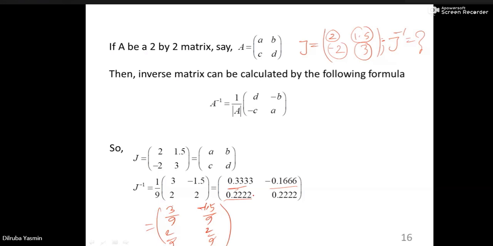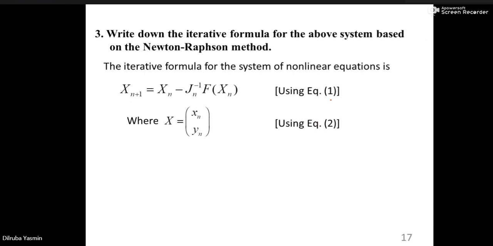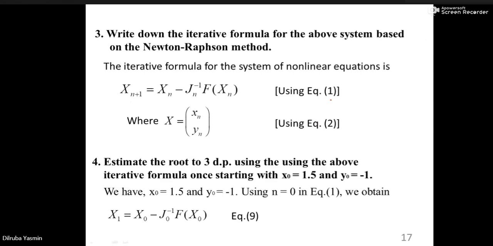So you have the function matrix. Do you remember? You have the function matrix, you have the variable matrix, you have the inverse Jacobian matrix. So you can insert this information in this iterative matrix form, isn't it?